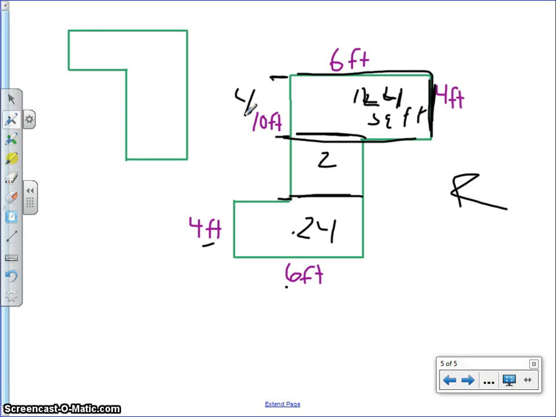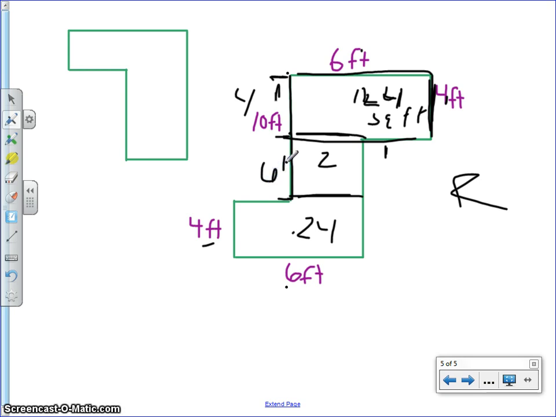Remember, the opposite sides are always the same side. Like this 6 feet and this one here is 6 feet. Okay, this is 4 feet and this is 4 feet. So I can tell from here to here is 4 feet. So if the whole thing is 10 feet, then if I subtract 4 feet from it, then I know this middle section here has got to be 6 feet.